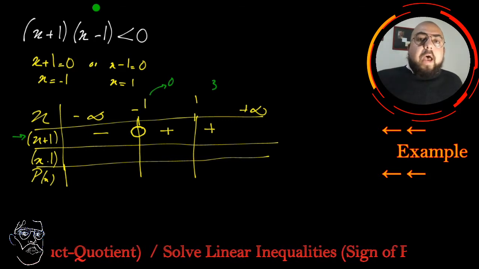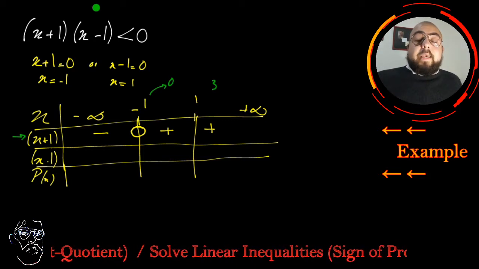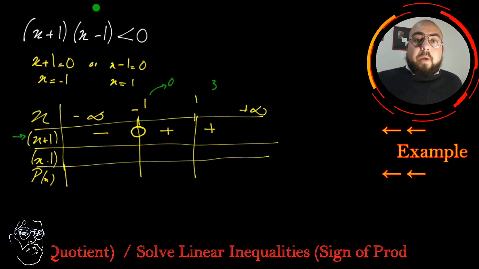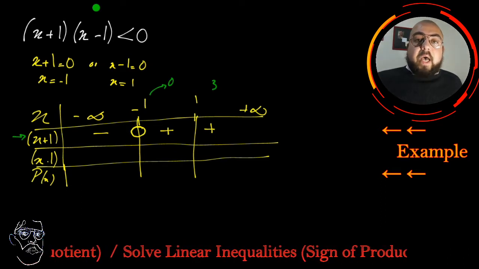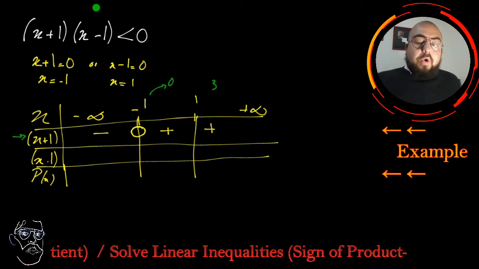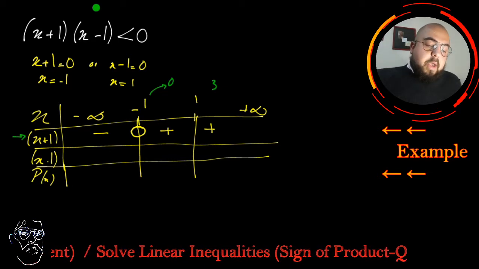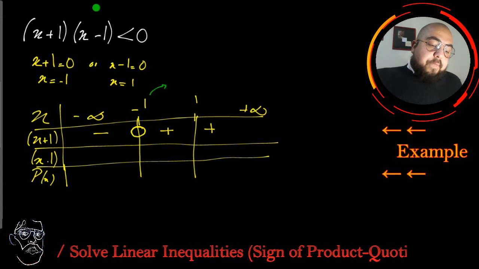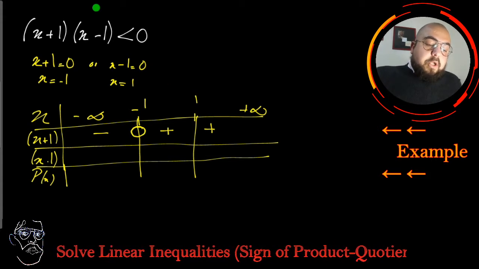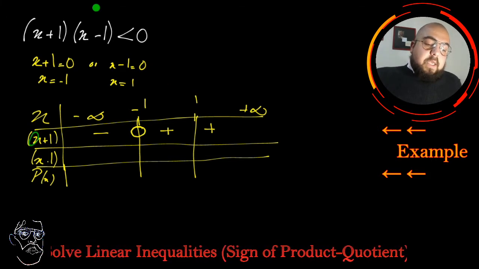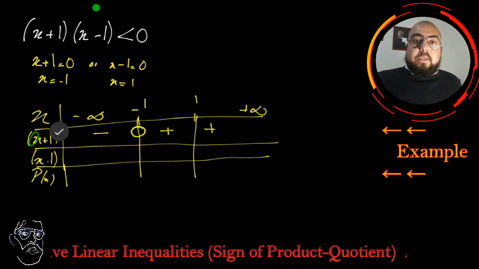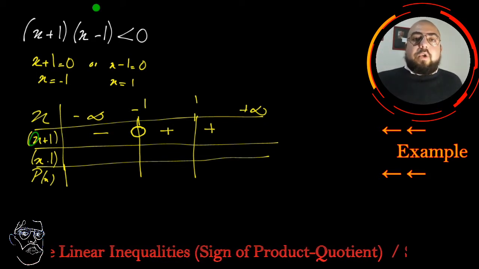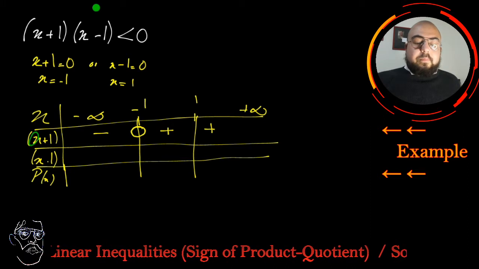So either you check by taking some values greater than minus 1 in order to know the sign after 0, or you can check your factor, which is x plus 1. The coefficient of x is 1, it's positive, that's why on the right side of the 0 it will be positive.